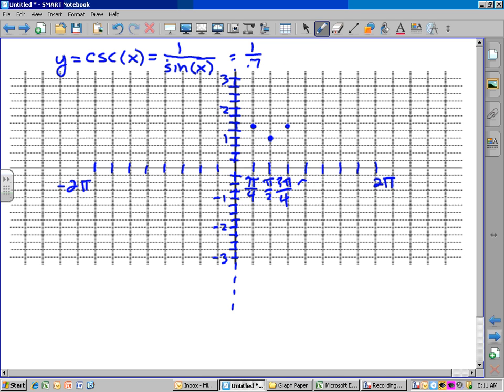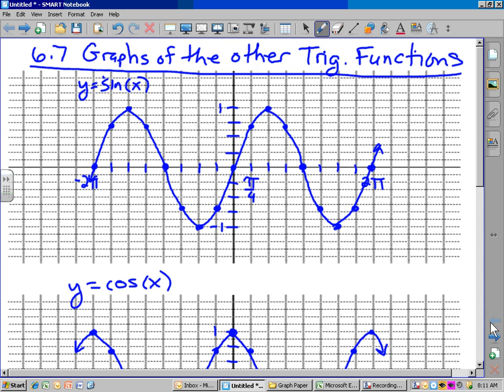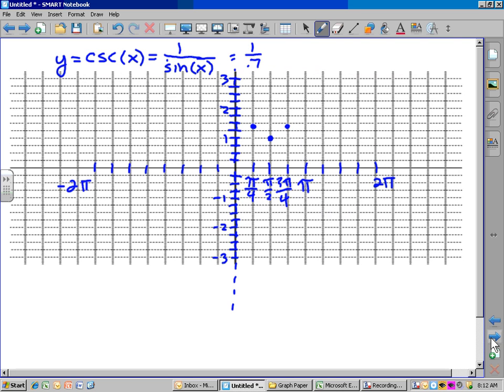So it's going to be what? Pi. So what's happening at pi? Back to 0, which causes a vertical asymptote. Now, this kind of looks like, what do you guys call it? Parabola. It's not a triangle.